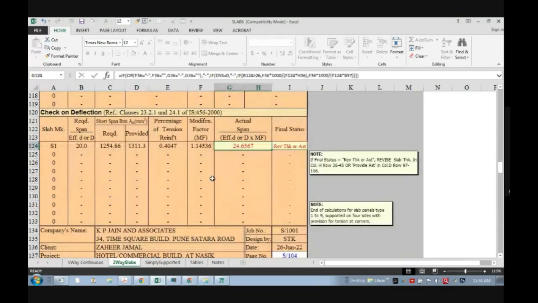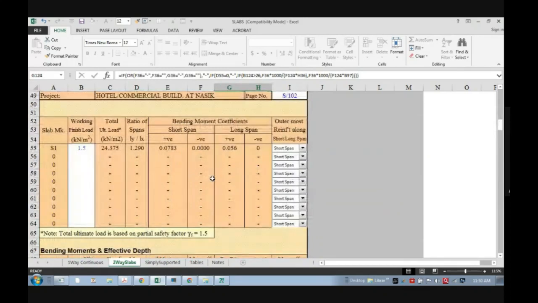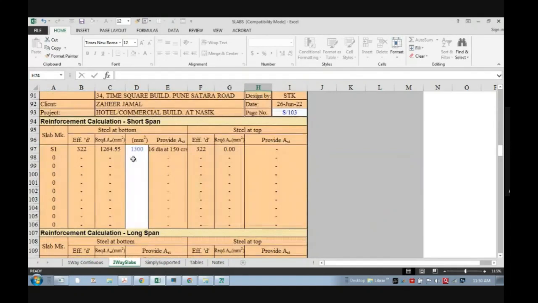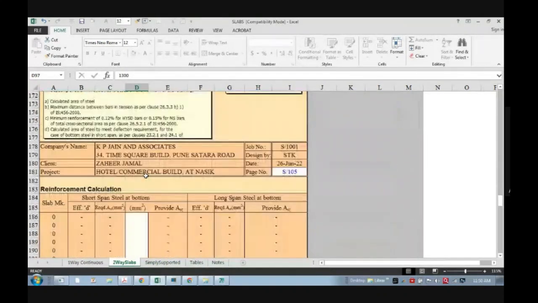Still it is saying increase thickness or Ast. So the load is very heavy. You can go with 16 mm bars also in such cases, which you will not normally see. Sir, can we also increase the fck?